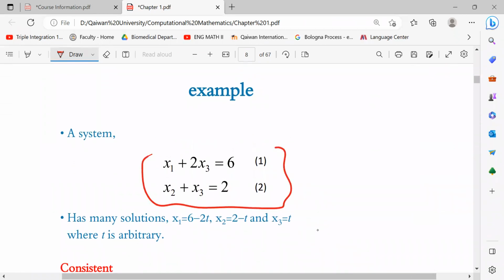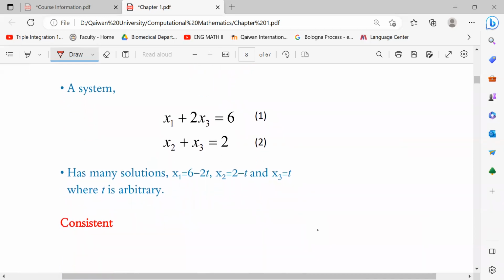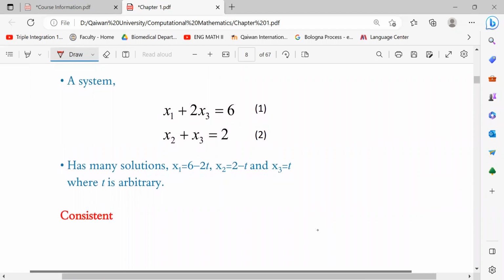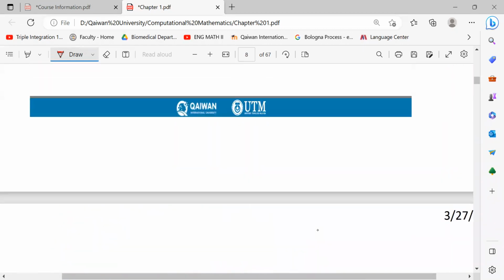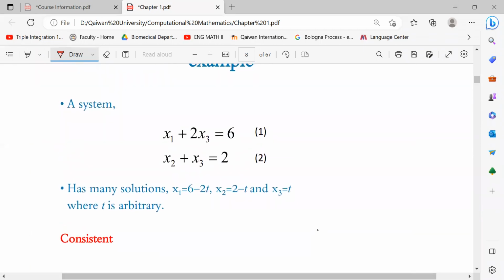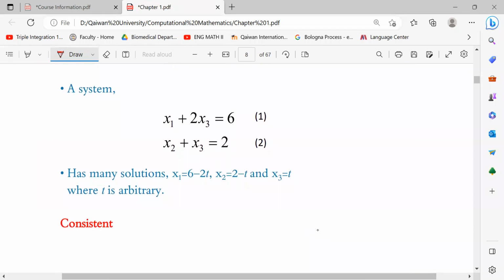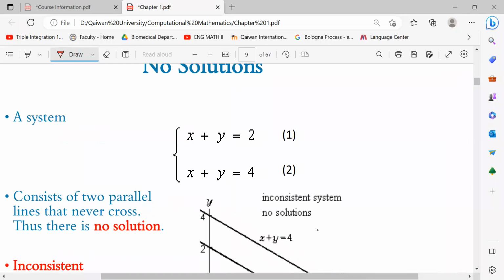And this is another example about that. Then we have another type of solution, which is no solution.